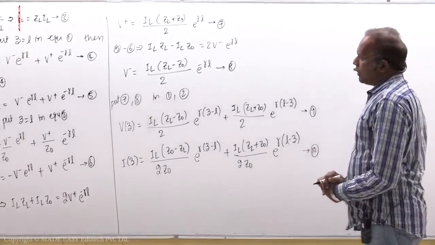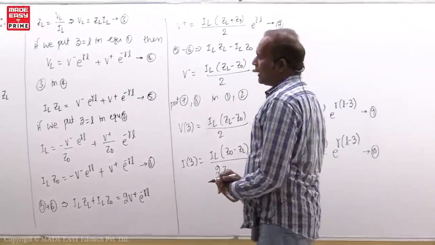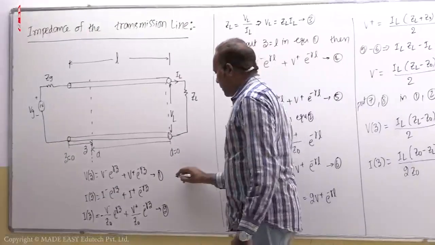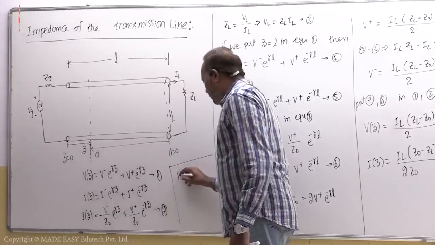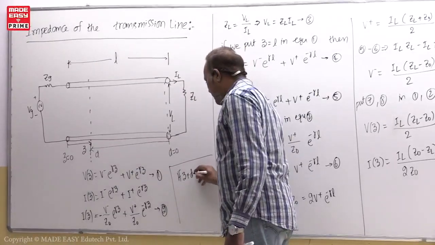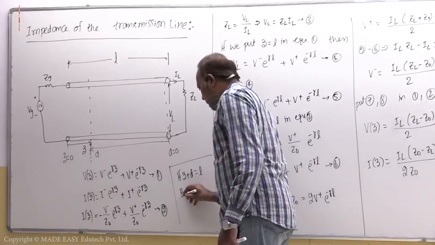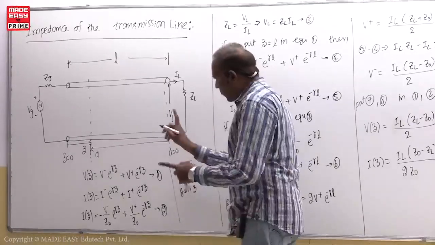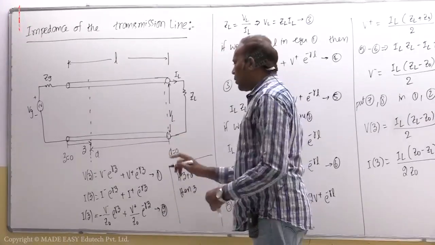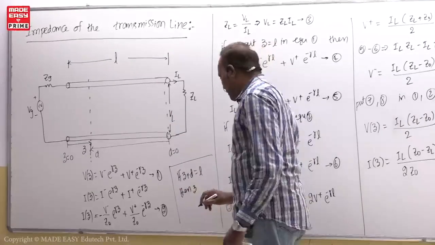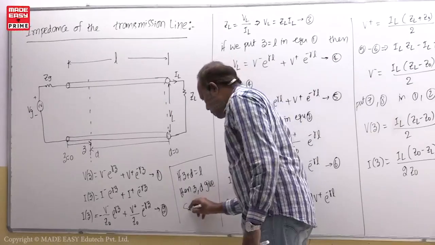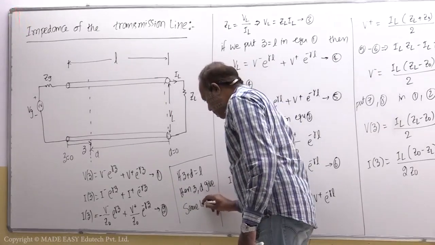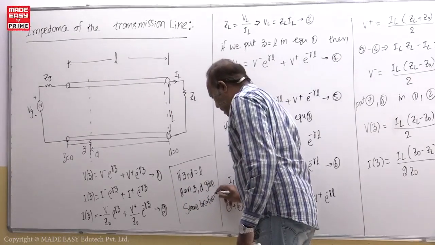Now you know that, if Z plus D is equal to L, then Z from sending end and D from load end give the same location, then Z comma D give the same locations.